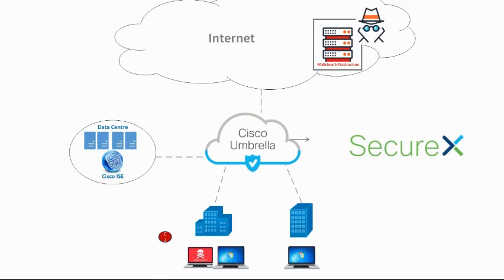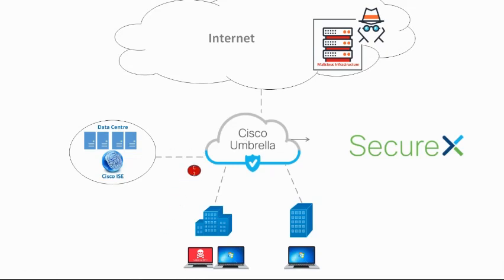Those compromised devices will initiate a C2 callback to the backend malicious server over the internet to download further payload or encryption keys, and Umbrella is going to detect and block it.